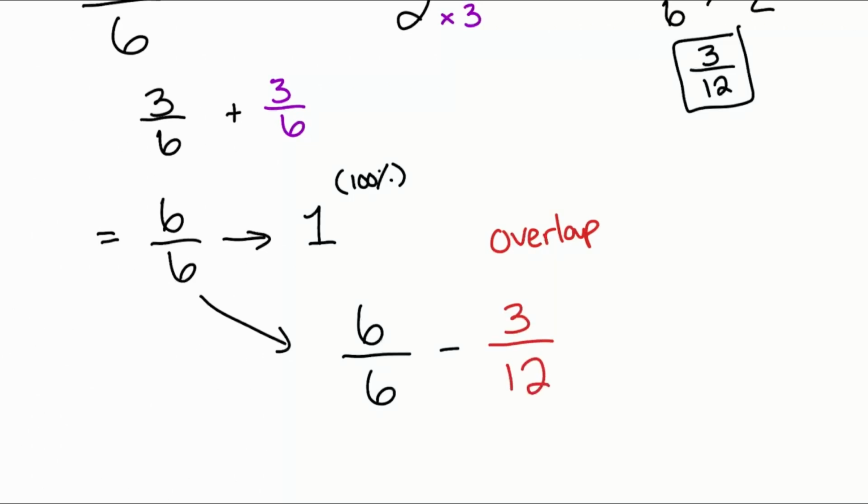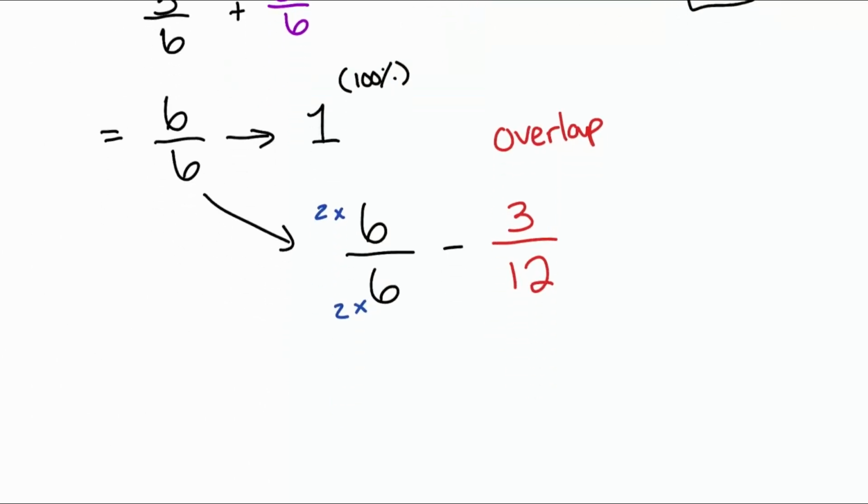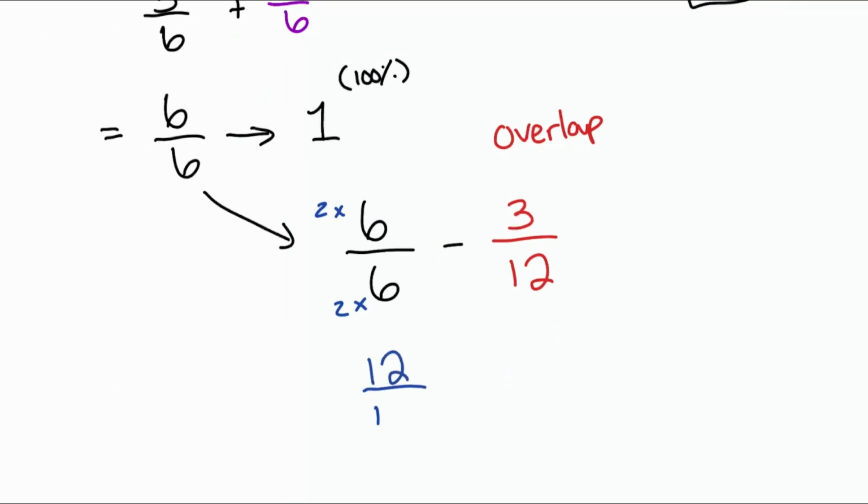When we subtract these, this is what's going to get us the true probability, the true final answer. Everyone, help me out. What can I multiply the 6 by to get me a denominator of 12? Yeah, that's going to be 2. We'll multiply the numerator and denominator by 2. And that's going to give us 12 over 12 minus the overlap, which is 3 over 12.